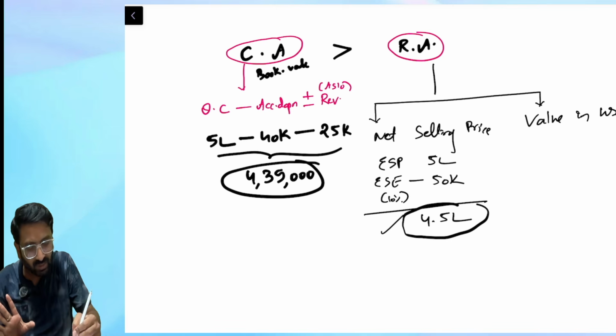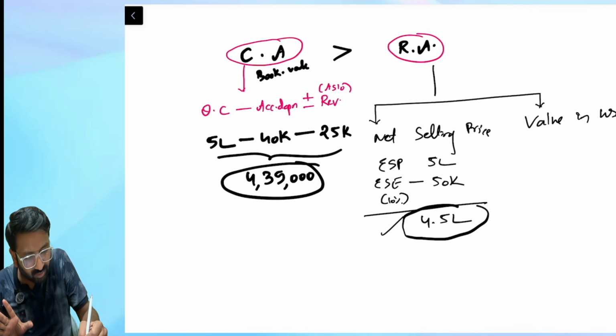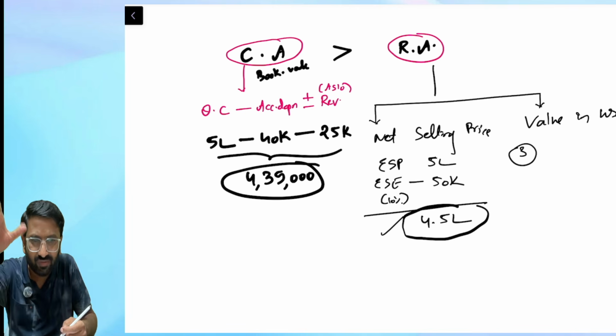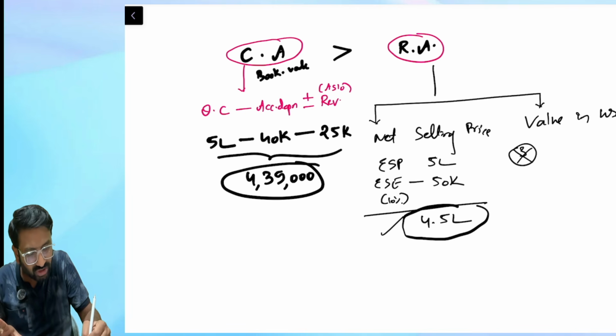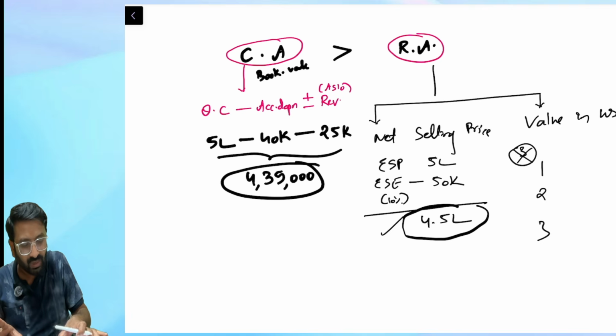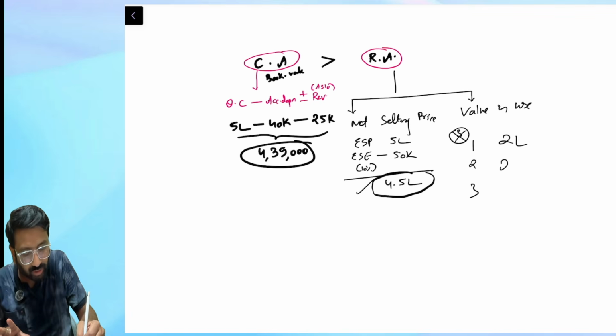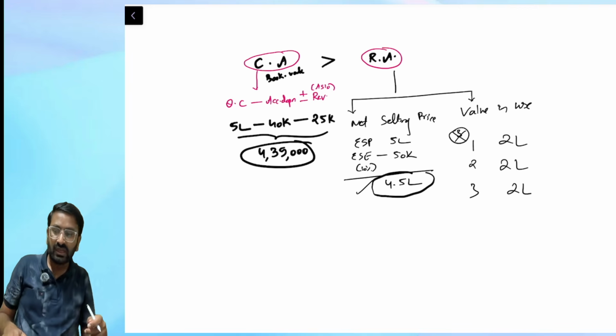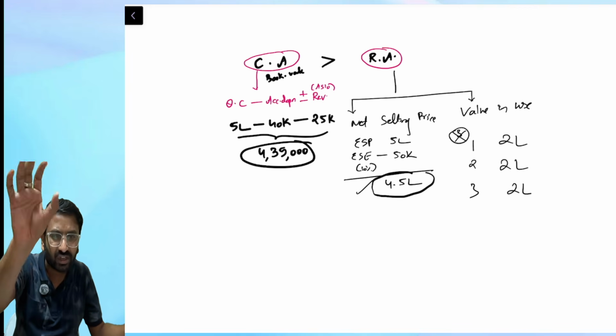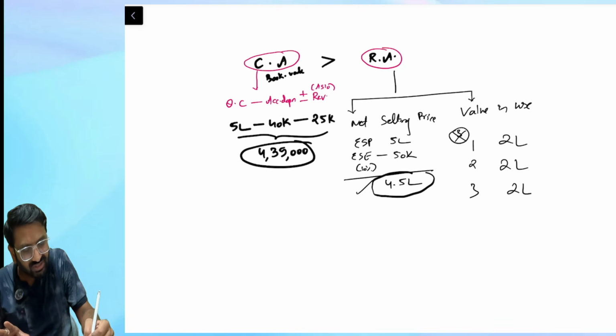So let's say I use the asset for the next 3 years, the remaining life. For the next 3 years, we are anticipating cash flows of 2 lakh rupees every year. So 2 lakh, 2 lakh, 2 lakh are the cash flows I'm expecting, and let's say the discounting rate is 10%.